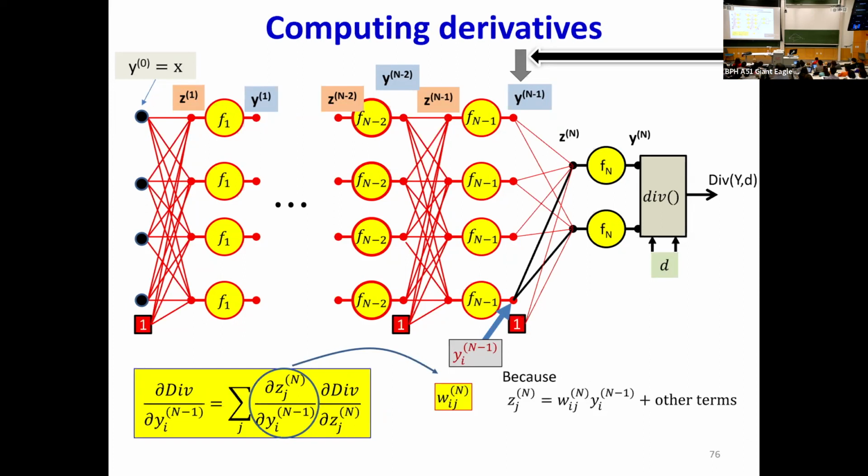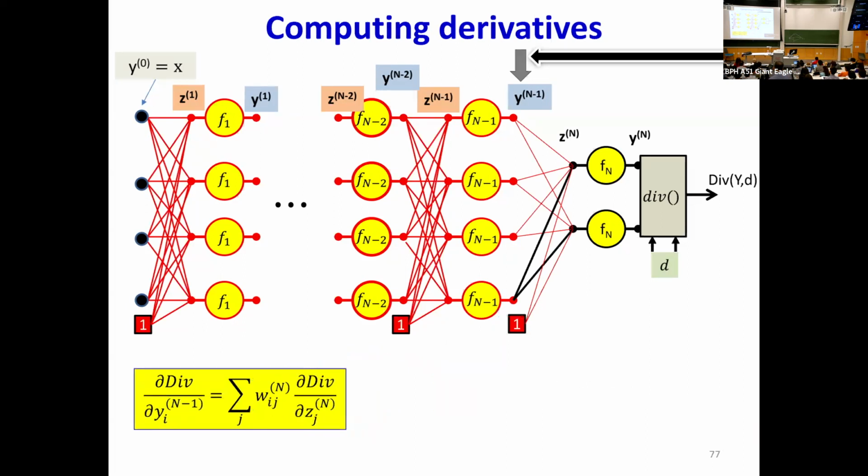So the derivative of z with respect to y is going to be the weight of the connection of z with respect to y. So I can just replace that term over here. And so I've got the derivative of the divergence with respect to y being the sum over all the z's of the derivative of the divergence with respect to z times the weight, right? The weight from that y to the z. And I can use this to compute the derivatives for all of these y's.